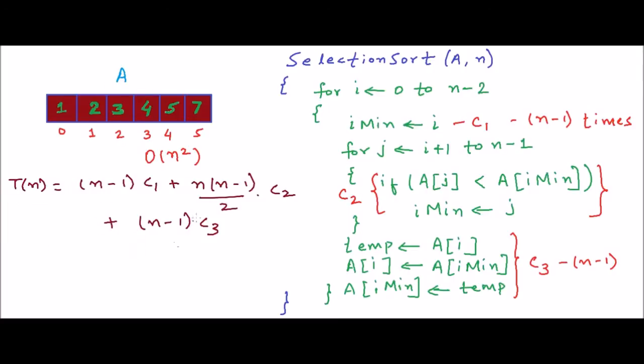So overall time taken will be something like this, and if we evaluate this, this will be some polynomial like a n square plus bn plus c, where a, b and c will be some constants in terms of c1, c2 and c3. And whenever we have a time expression like this, it belongs to the set big O of the highest order term in the polynomial. So this particular polynomial belongs to the set big O of n square.